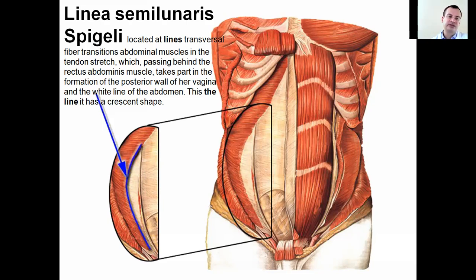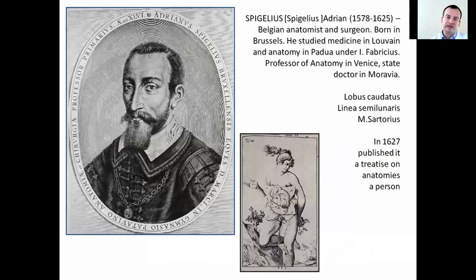The line has a crescent shape. Spigelius, a Belgian anatomist and surgeon, was born in Brussels. He studied medicine in Louvain and anatomy in Padua under Fabricius, then was professor of anatomy in Venice and state doctor in Moravia. In 1627 he published a treatise on human anatomy.